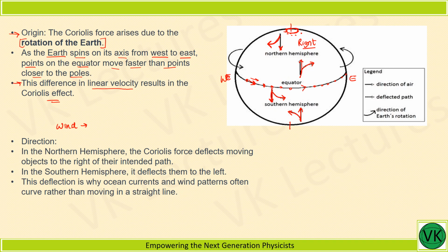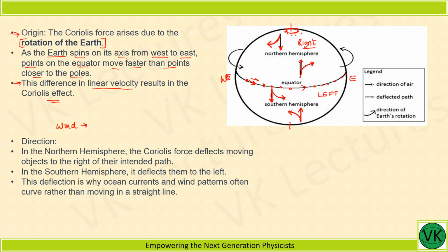So in the northern hemisphere, the wind appears to move towards the right due to the Coriolis force, and in the southern hemisphere it moves towards the left, left of the wind direction. So in the northern hemisphere, the Coriolis force deflects a moving object to the right of its intended path.